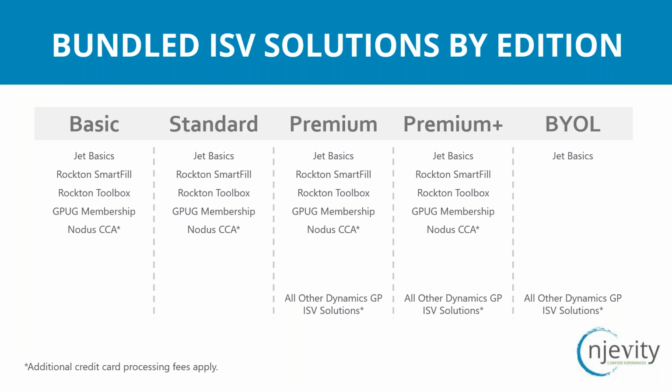So anybody who's joining us that might be on one of our PowerGP Online subscription editions, just know that you have Nodus Credit Card Advantage as part of your subscription, which Fauwaz is going to be talking about here at the beginning. The software component is free. There are some additional credit card processing fees that apply, but the software component, the Nodus CCA, that's just bundled in. And again, we're really making sure that we're giving power and tools to and through PowerGP Online.